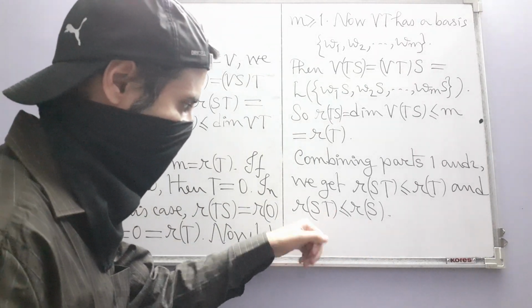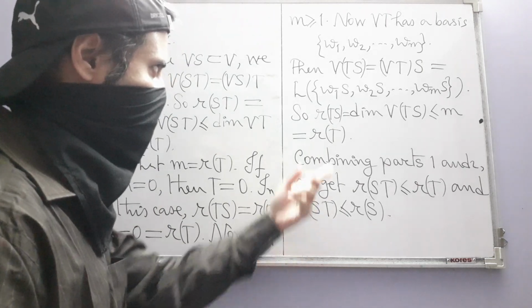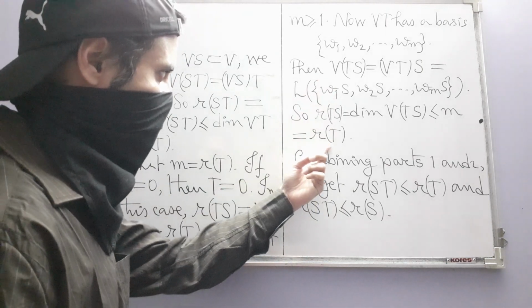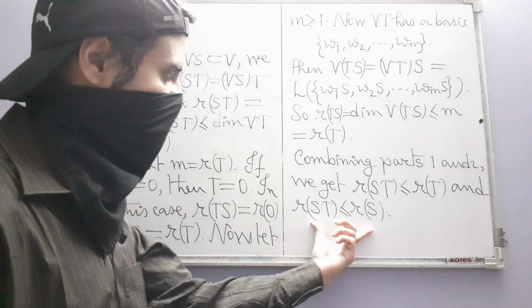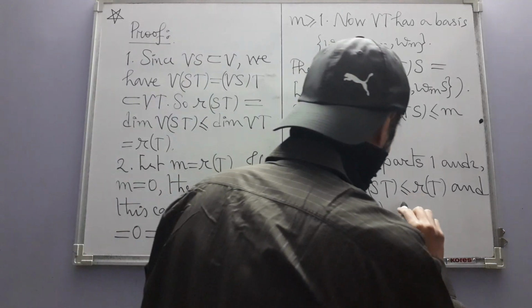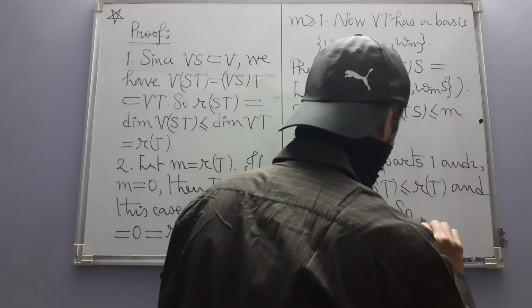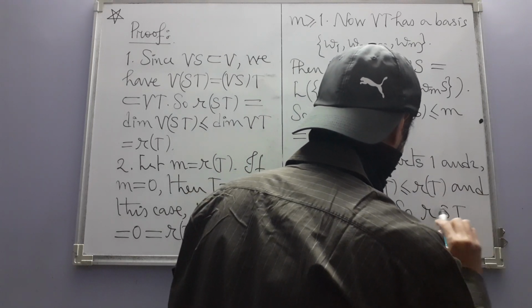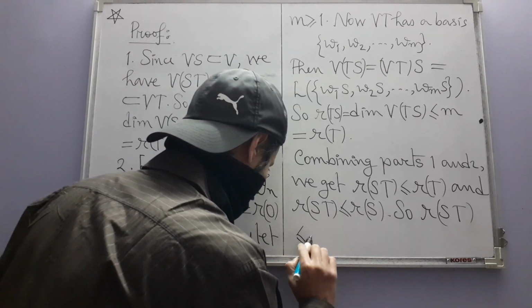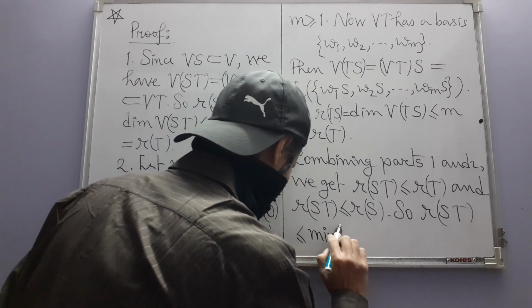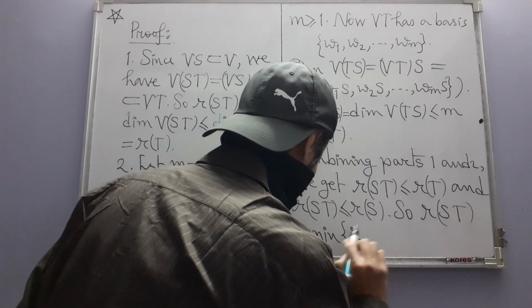Instead, we have R of Ts less than or equal to R of T, but we switch the roles of S and T and you get this. So R of St, because it's less than or equal to both of them, it is less than or equal to their minimum.